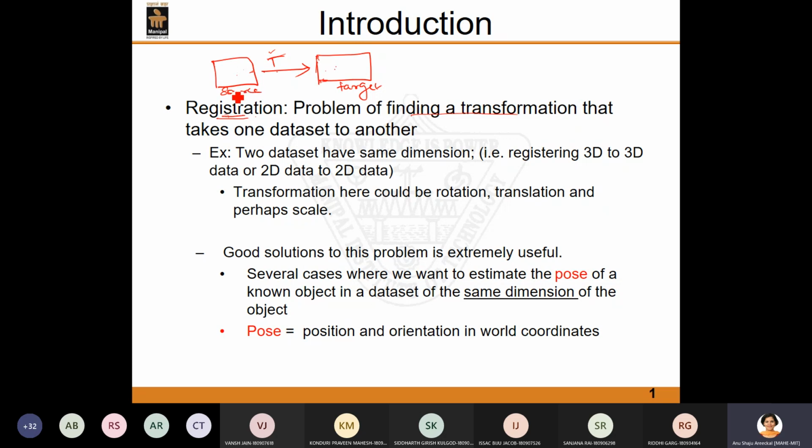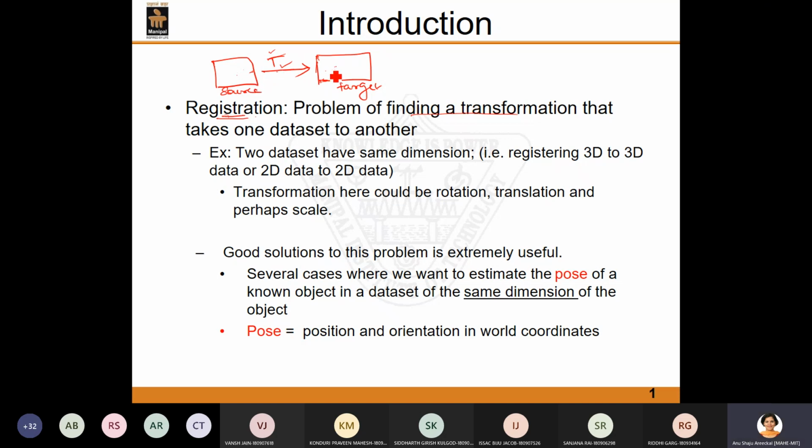In most computer vision techniques, you will have to do an image registration. Image registration means trying to find out what transformation can be applied on the source image in order to get the target image, or trying to find out this particular relationship between the source and the target.